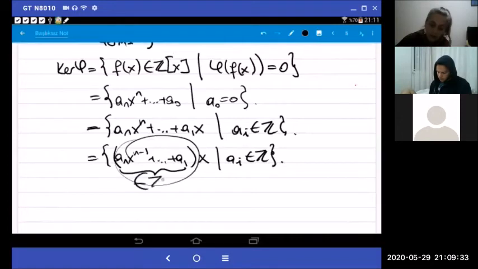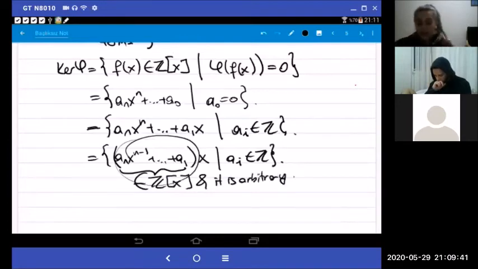So this is Z[x] times x, and it is arbitrary. So this means that you have a polynomial times x, which is exactly the definition of the principal ideal generated by x, right? So this is the ideal generated by x.